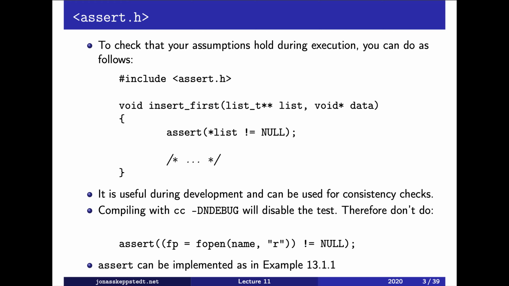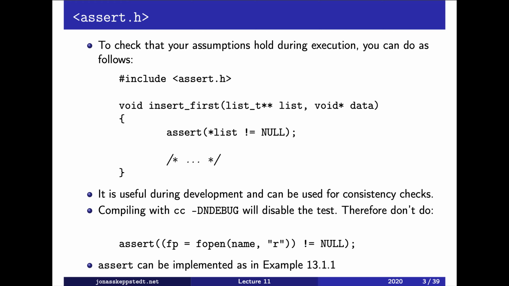Okay, and if this assertion fails, then the program will have something called an abnormal termination. A program can have a normal or abnormal termination. It's normal termination if it terminates by returning from main or calling exit, and that's the same thing actually, as I have mentioned.